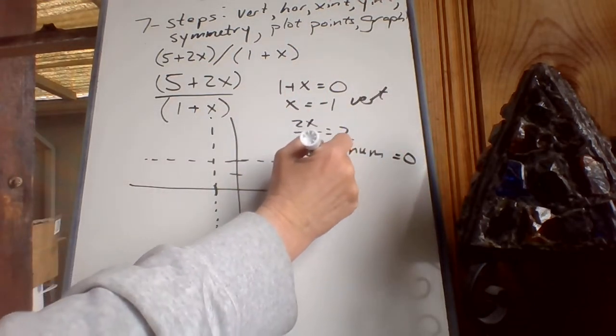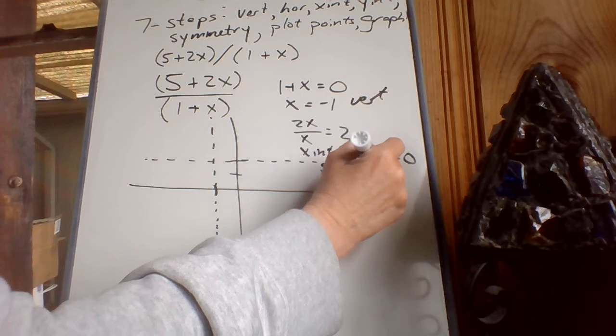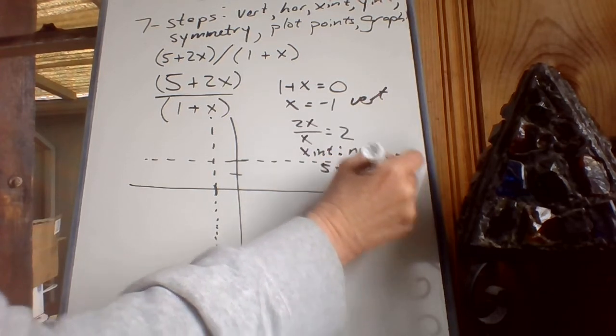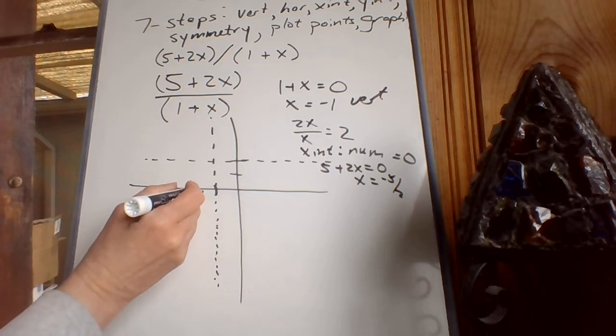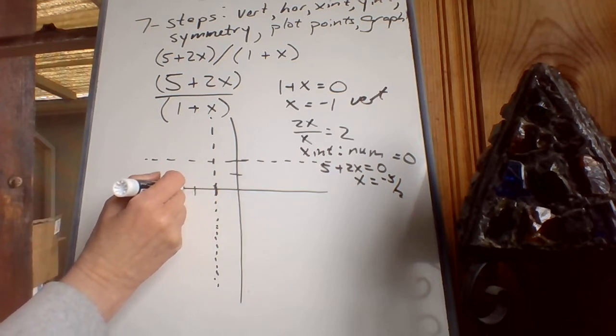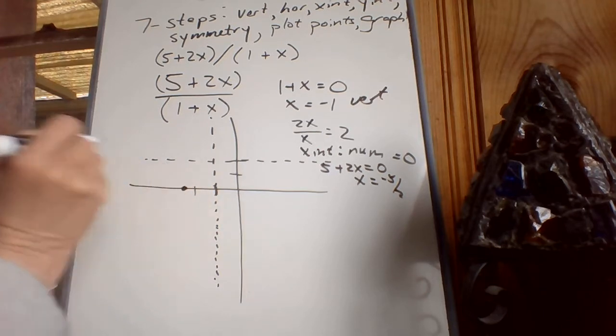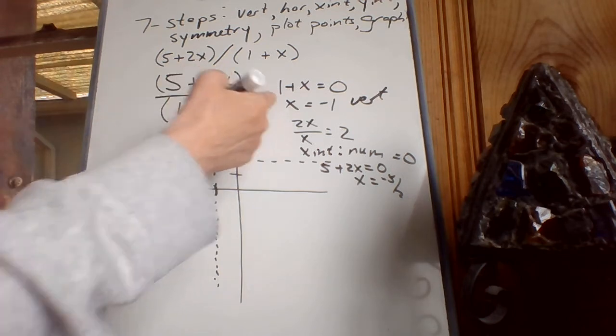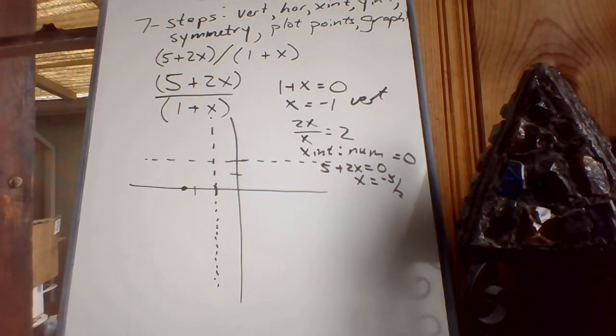So 5 plus 2x equals 0. X equals -5 halves. Okay, -5 halves is like -2.5. It'd be about there. And it's an x-intercept. It's crossing the x-axis. And that was the only thing I got from setting the numerator equal to 0. You don't have to do anything with setting the denominator equal to 0. That happened up here in the vertical asymptote step. Okay, so done that one.